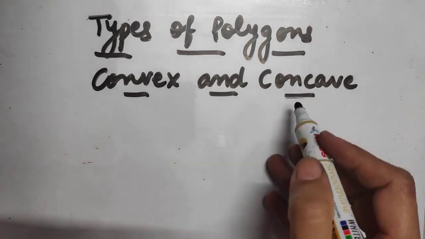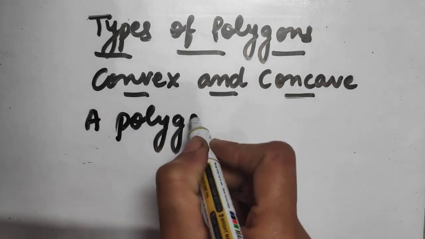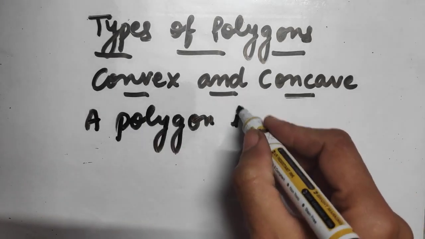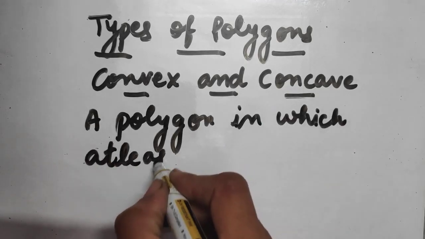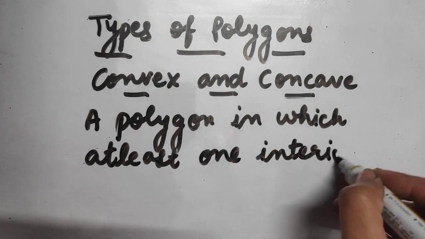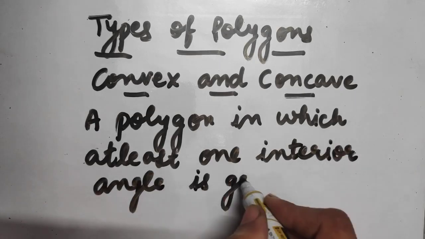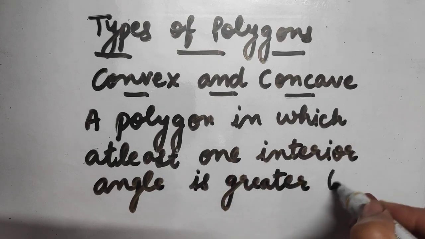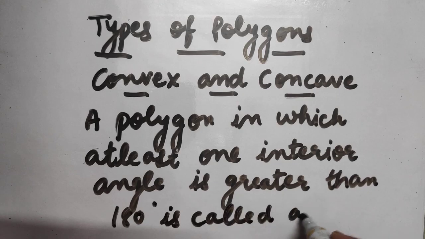Let us talk about the definition of concave polygon. What is a concave polygon? A polygon in which at least one interior angle is greater than 180 degree is called a concave polygon.